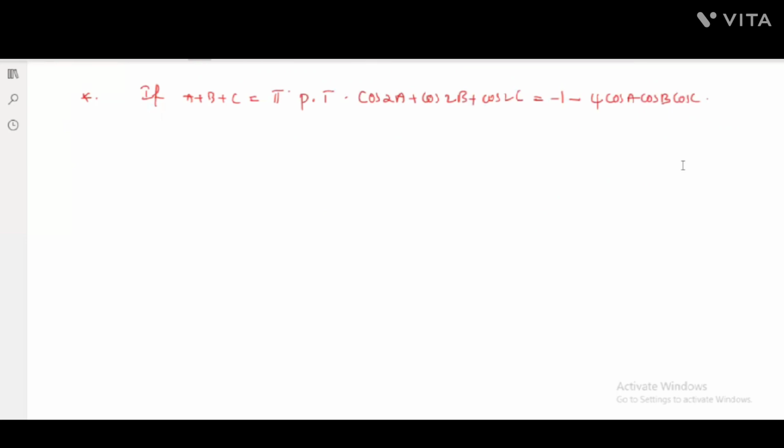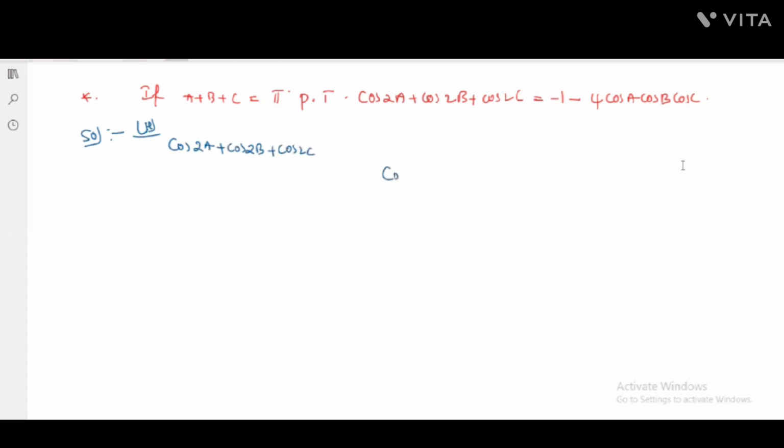So previously, in the previous question, we saw sin 2A plus sin 2B plus sin 2C. So now let's see cos 2A plus cos 2B plus cos 2C. Let's see the solution for this one. How can we prove it? They have given LHS cos 2A plus cos 2B plus cos 2C.